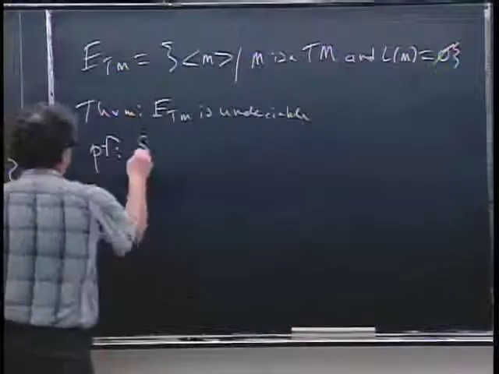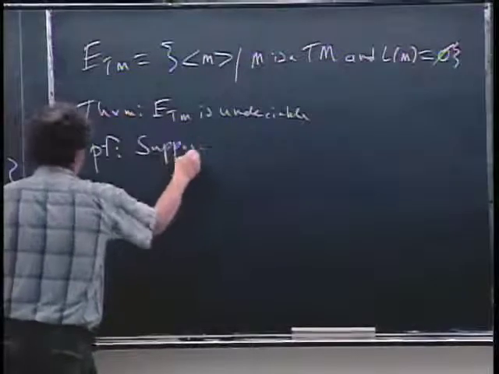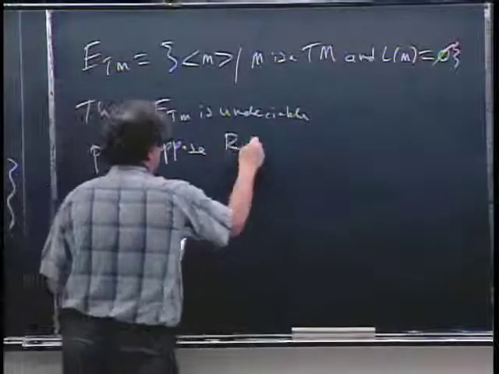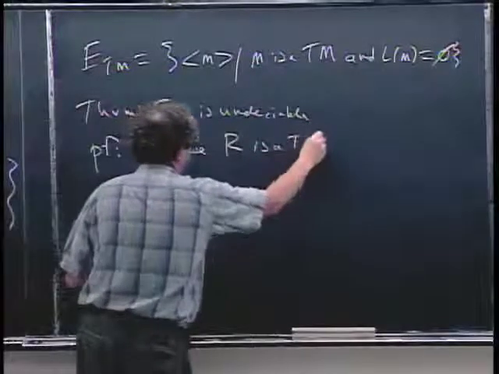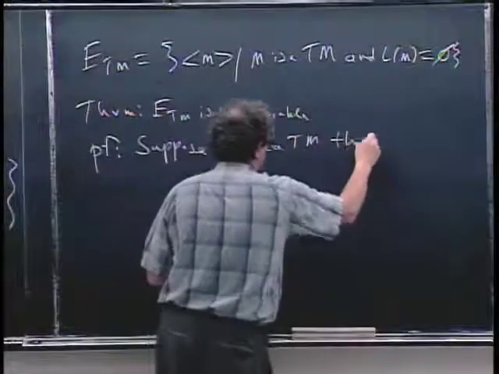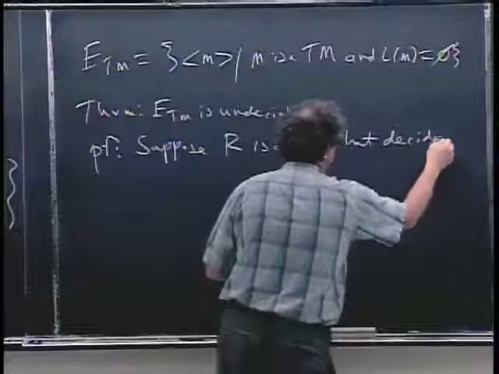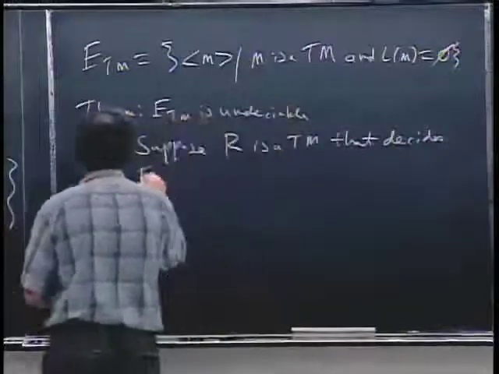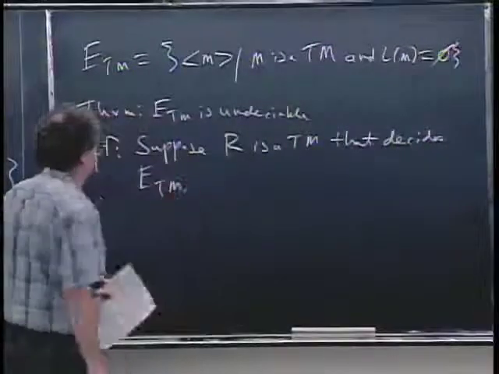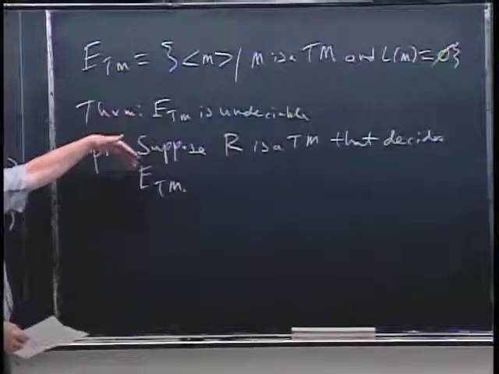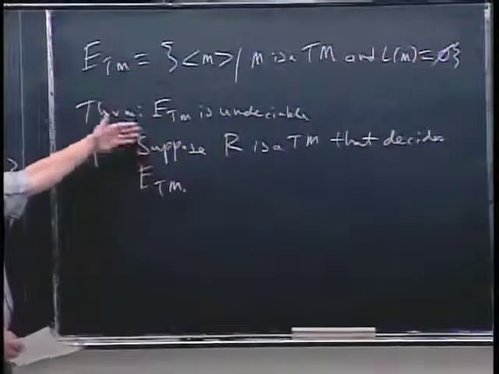Suppose R is a Turing machine that decides ETM. Okay, so we're supposing that ETM is decidable for contradiction purposes.